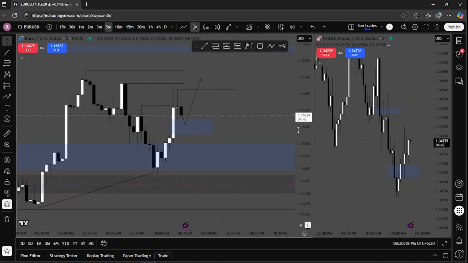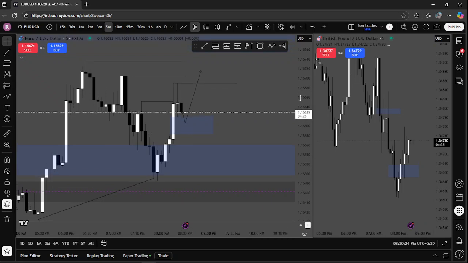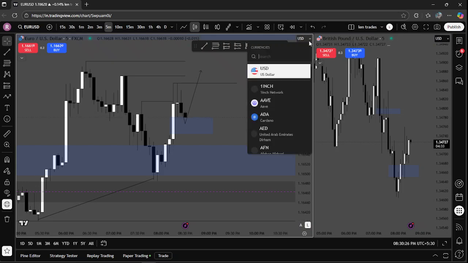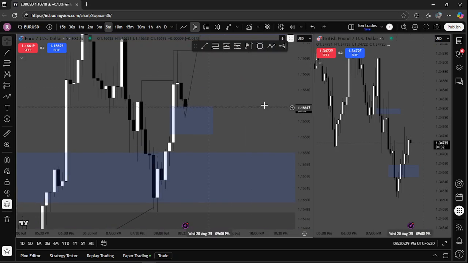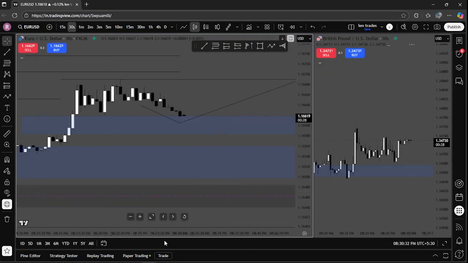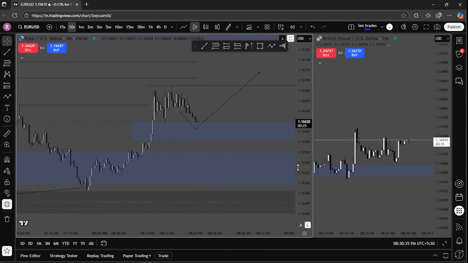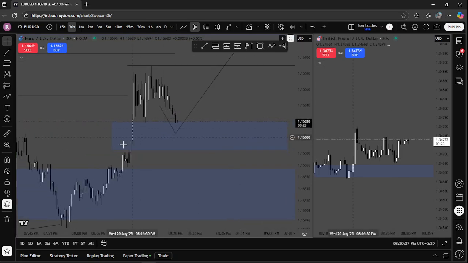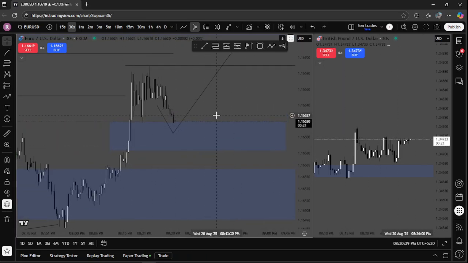So USD can enter into that fair value gap here. So a 30-second time frame, see what you can find out. Right, I would like to see this fair value gap respected.